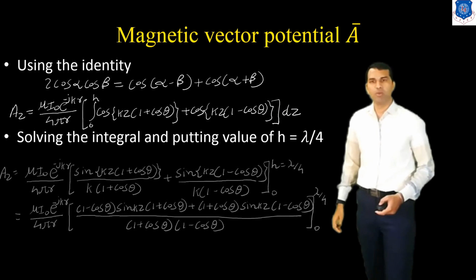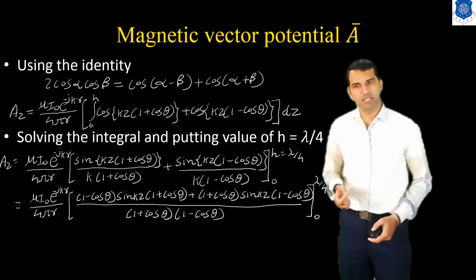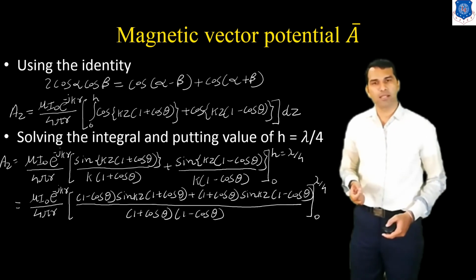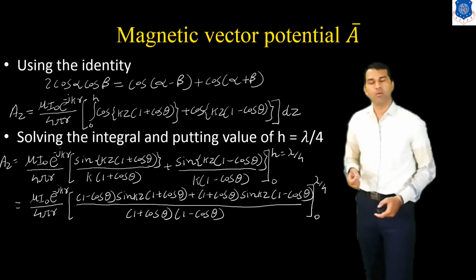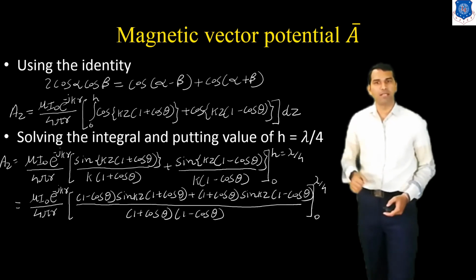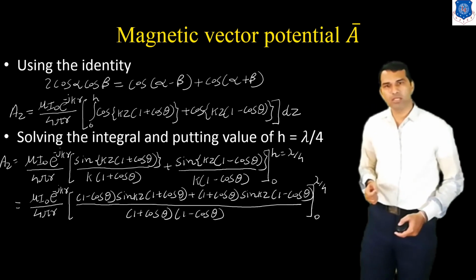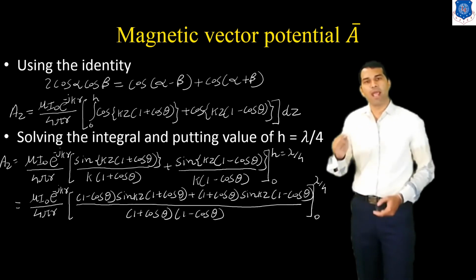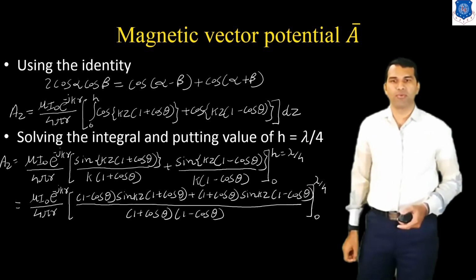equation, we get Az equals to mu I0 e raised to minus jkr upon 4 pi r, sin kz (1 plus cos theta) upon k (1 plus cos theta), and sin kz (1 minus cos theta) upon k (1 minus cos theta), with the integration limit from 0 to h equals to lambda by 4.